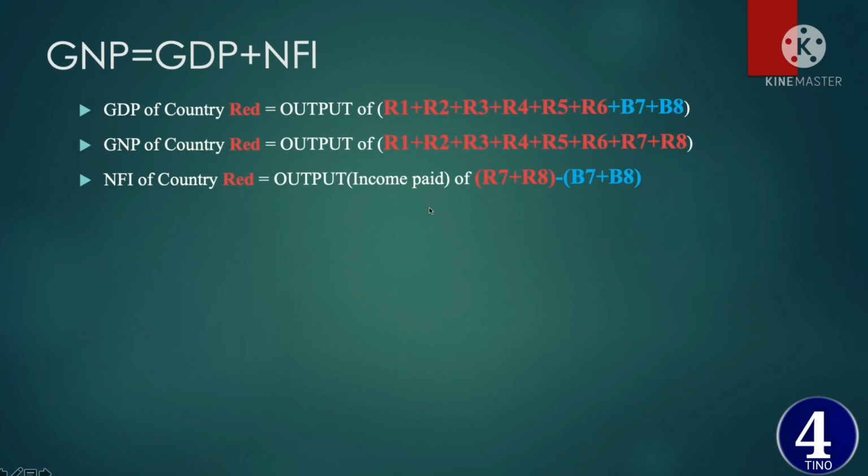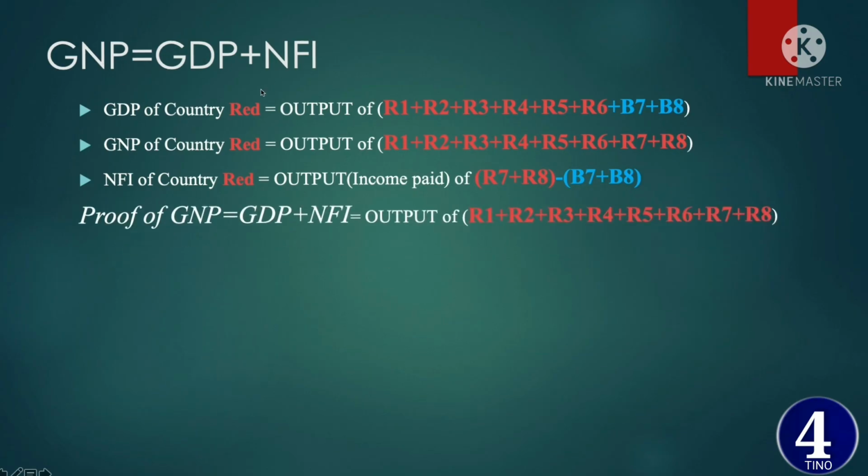So now let's prove that GNP is GDP plus NFI. GNP, which is this one, the whole red, is a summation of this one and this one.